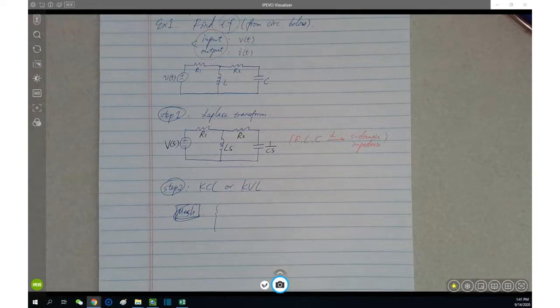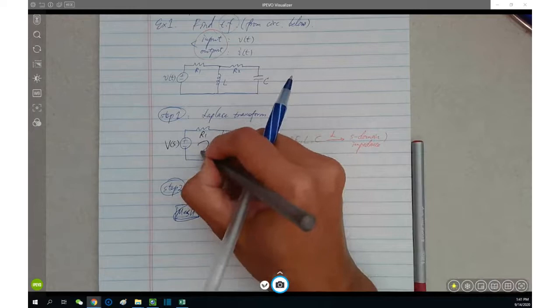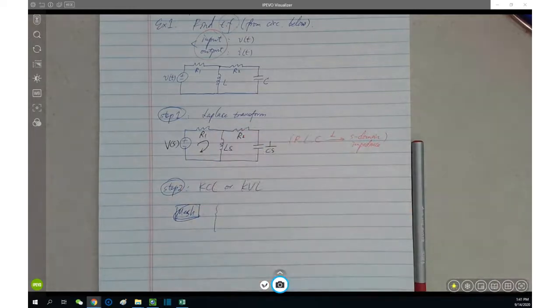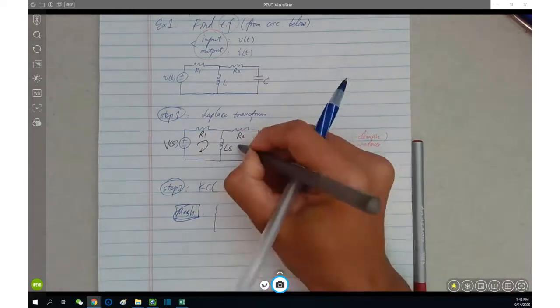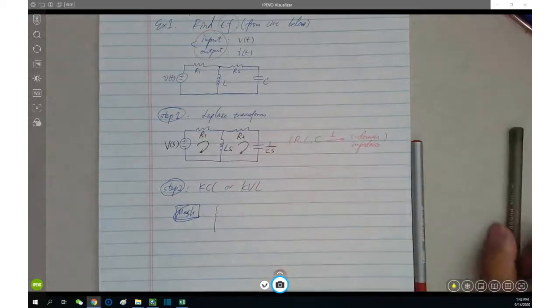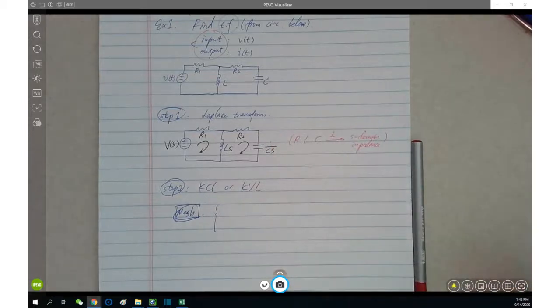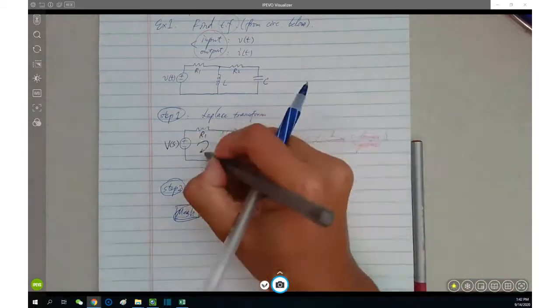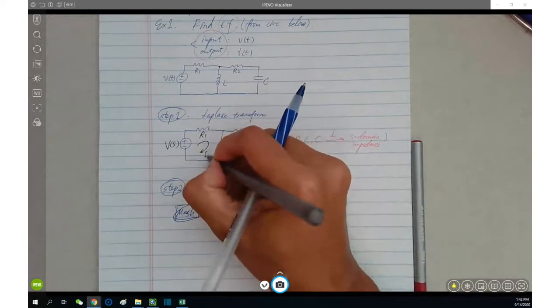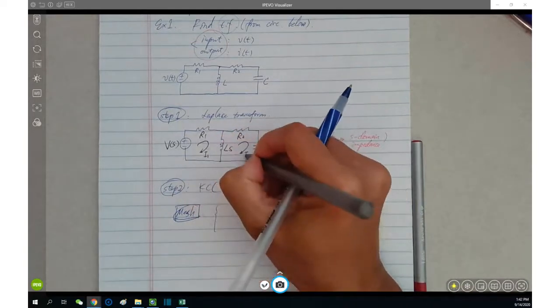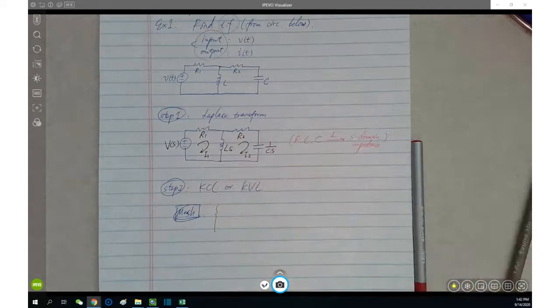The first mesh is inside of here, and I'm defining the rotation direction as clockwise. Same thing for mesh 2. So to write mesh equations, we need to assume two mesh currents, I1 and I2, respectively. Does it make sense?